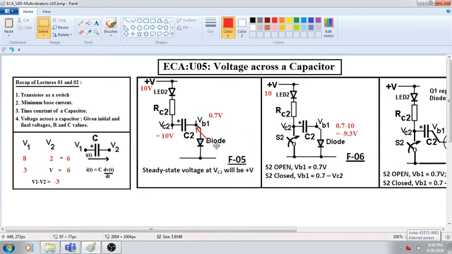This circuit consists of a capacitor, a resistor, an LED, and is connected to the supply. From the supply voltage V, we make sure that this LED gets enough current so that it can glow, and this node will be connected to some other circuit.